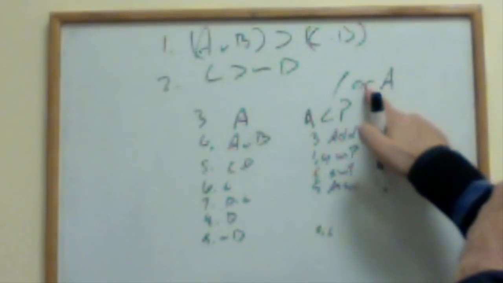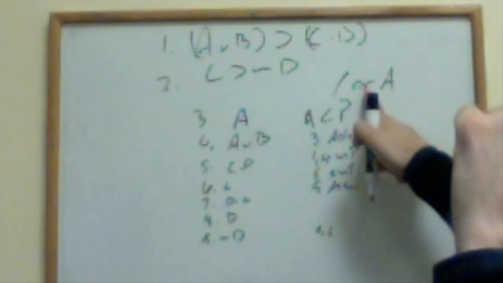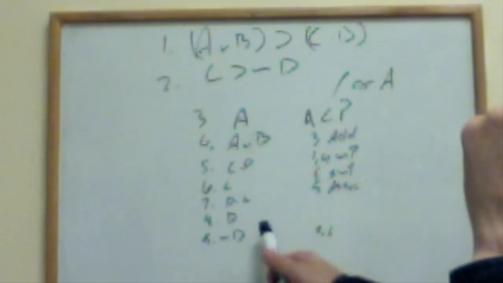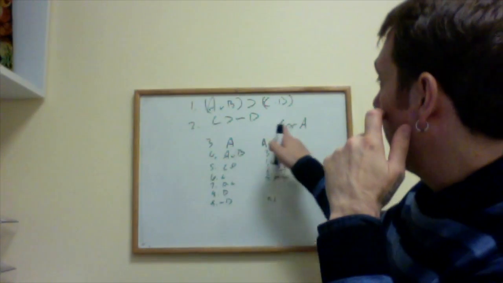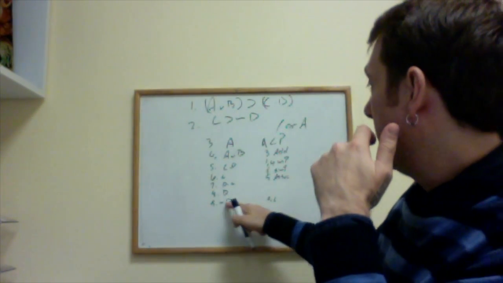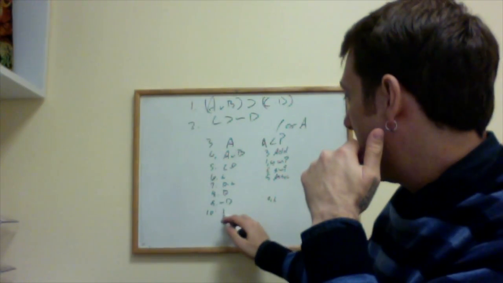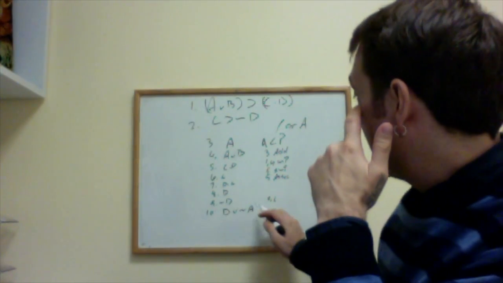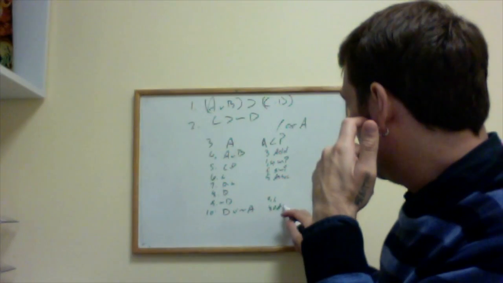Now remember, what we want to get is tilde A. Notice we have D and we have tilde D, so we can clearly do a maneuver here. We write down line 10: D wedge tilde A, and we got that from line 8 by our addition rule.